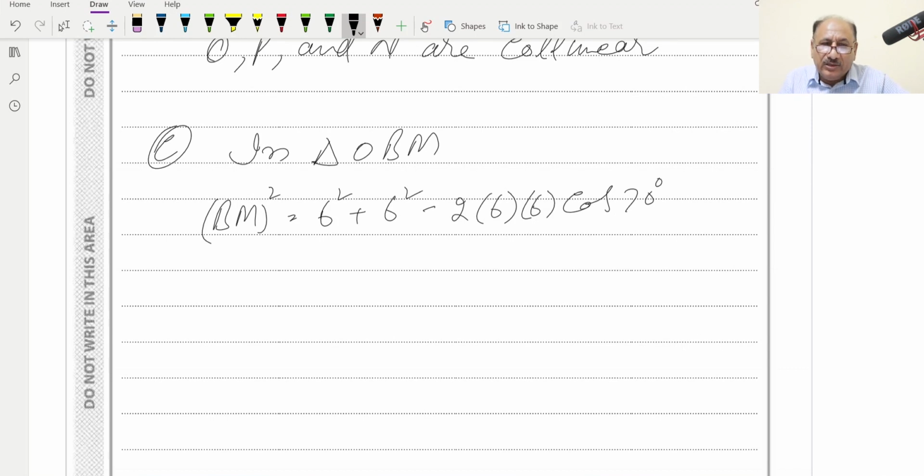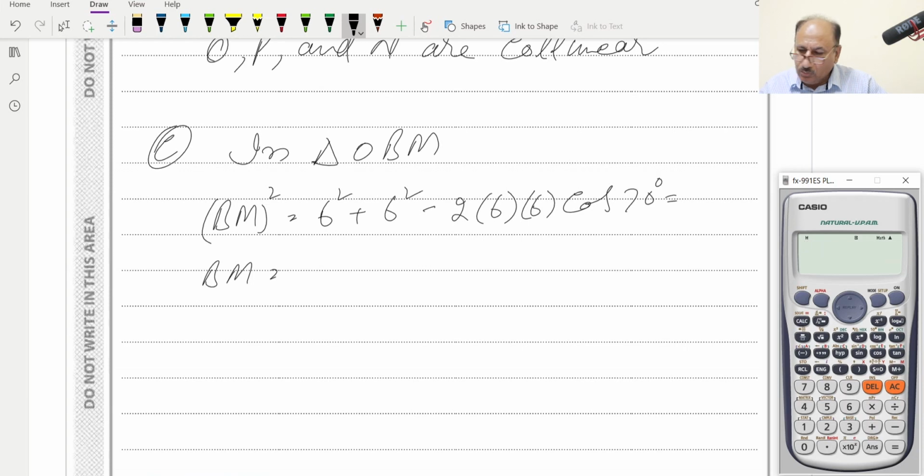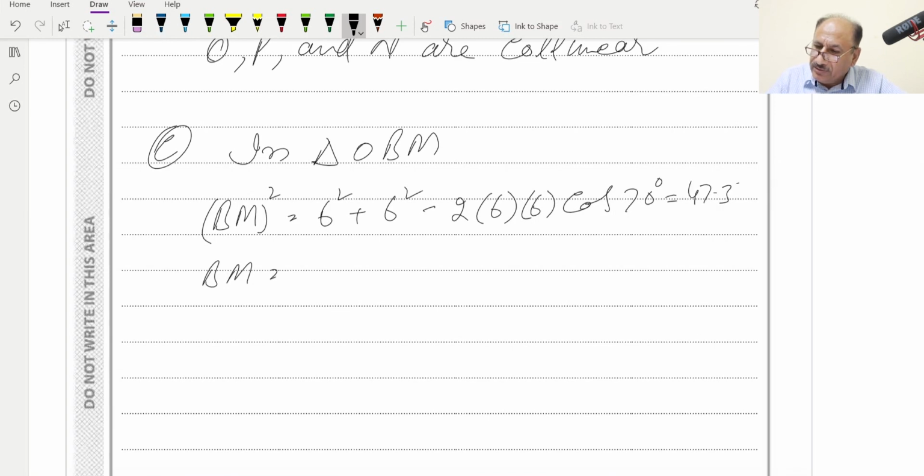So now we can take the square root of this. BM will be equal to, first we will calculate this and then we'll take a root of that. So 6 square plus 6 square minus 2 into 36 times cos of 70 degrees is equal to 47.37.